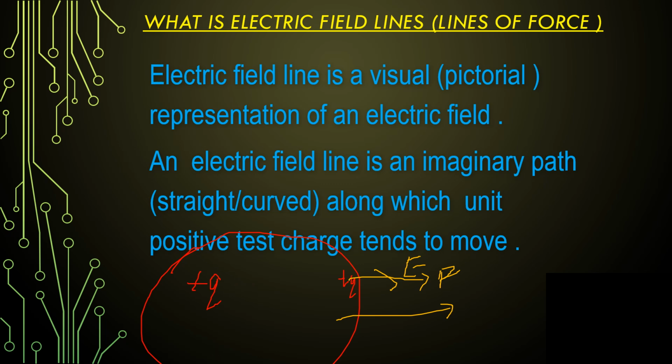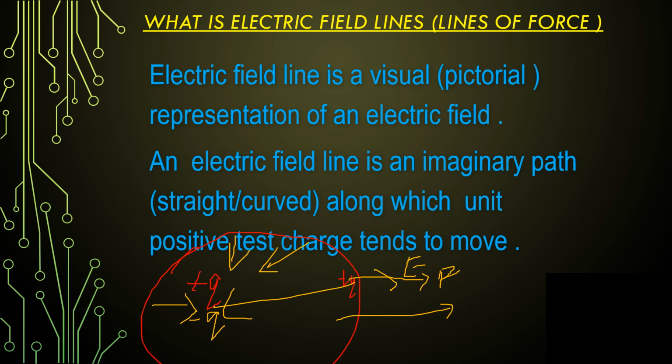So you would draw the lines in this direction, towards the negative charge. That's why this line is called either a field line or a line of force. This is just an imaginary line along which a positive test charge tends to move.